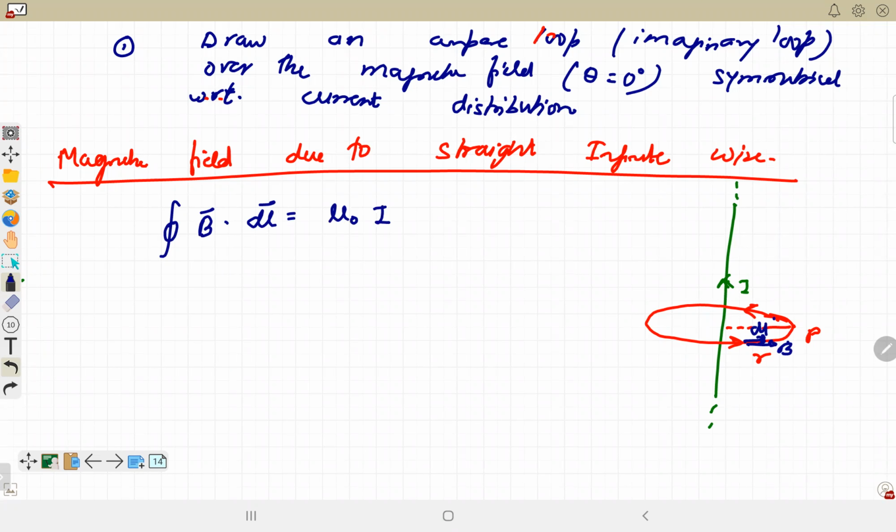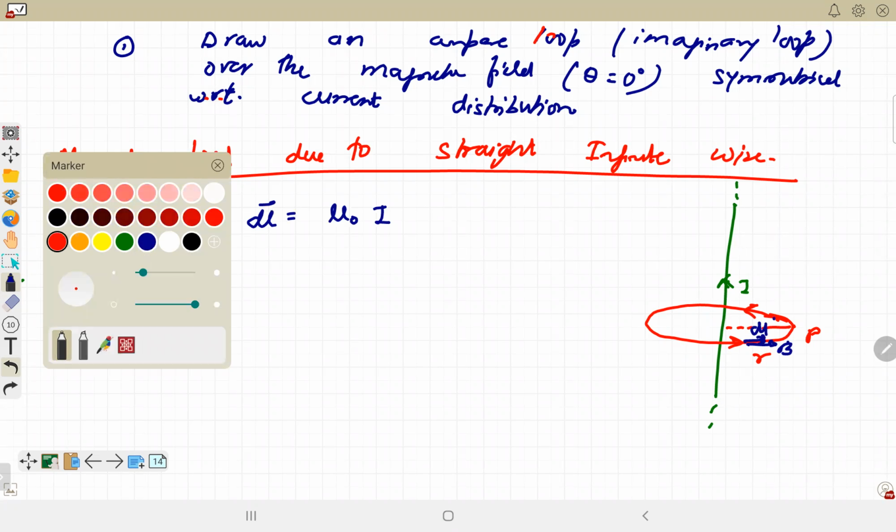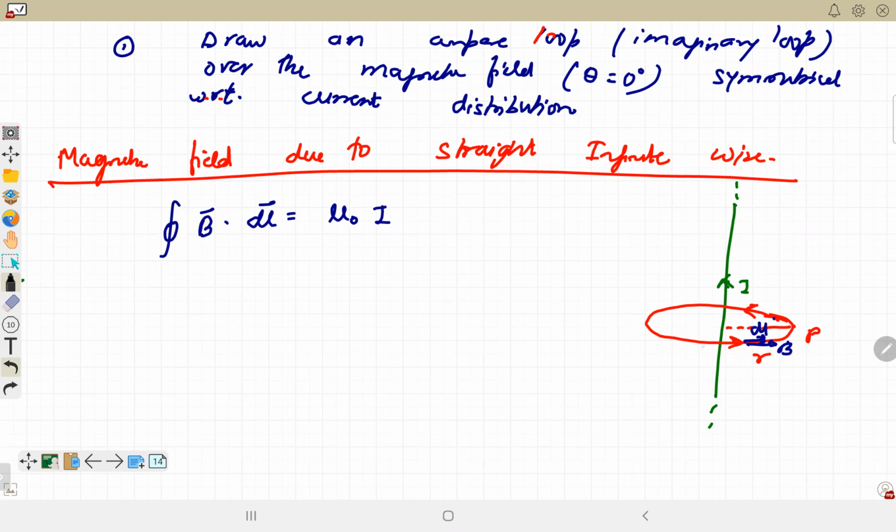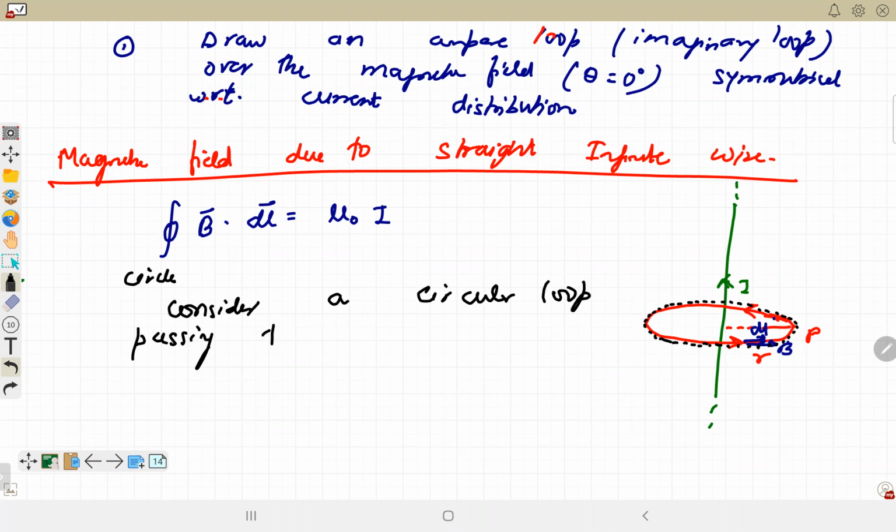So what we have to do is draw a small circular loop over it. That will be the Ampere loop. This dotted one is the loop that we have drawn. This solid one was the magnetic field. Consider a circular loop passing through that point P where magnetic field we have to find.